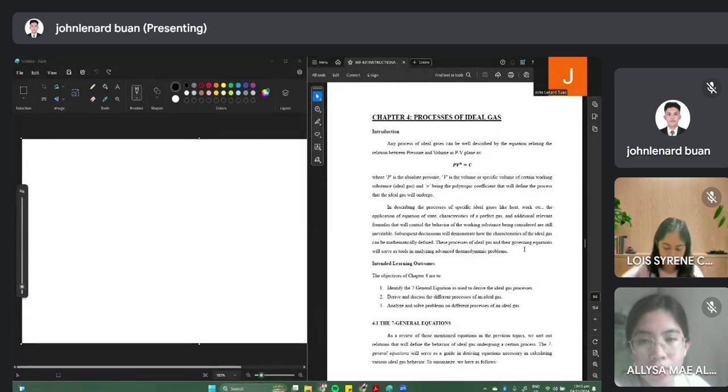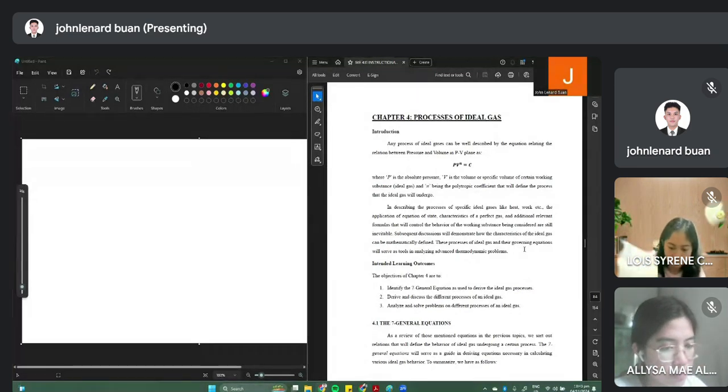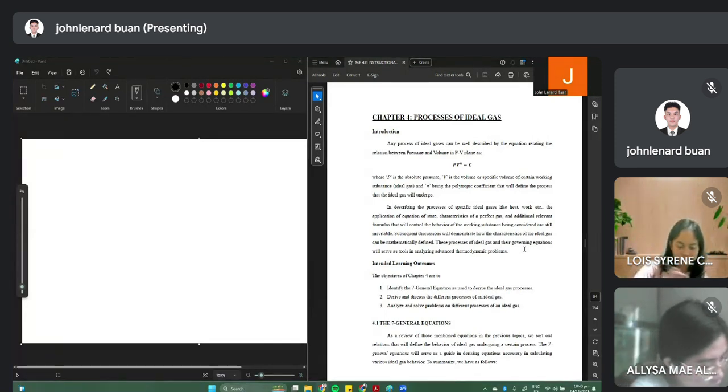Subsequent discussions will demonstrate how the characteristics of ideal gas can be mathematically defined. So these processes of ideal gas and their governing equations will serve as tools in analyzing advanced thermodynamic problems.